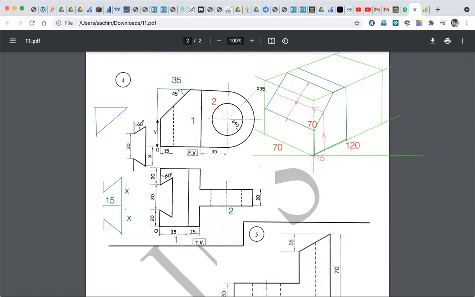Now how much is this? दोनों side x x. So you take यहाँ से, ये point से x, ये point से x. So you cut x x on both the sides. How much is this? 30. So from center, you take 15, 15 on both the sides. ऐसे करना है हम लोग. Then you need to join.